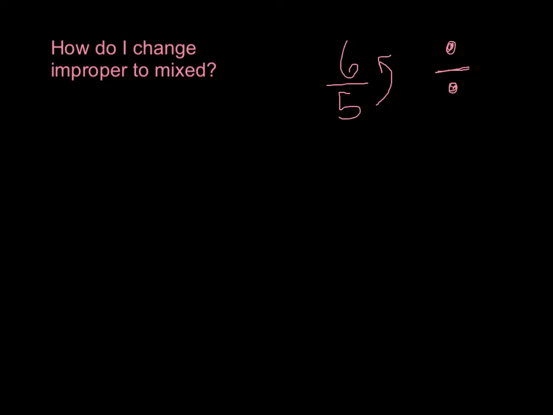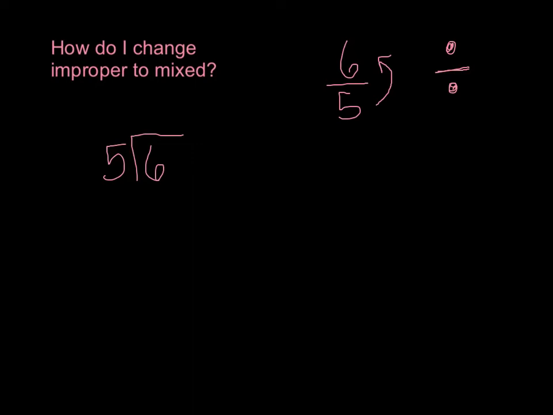So we would divide the bottom 5 into 6. Another thing you learned earlier in the school year was how to divide and have any remainder become a fraction. And so we're going to use that skill again.